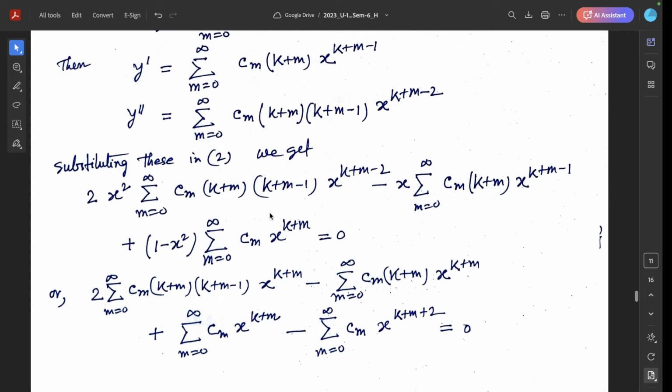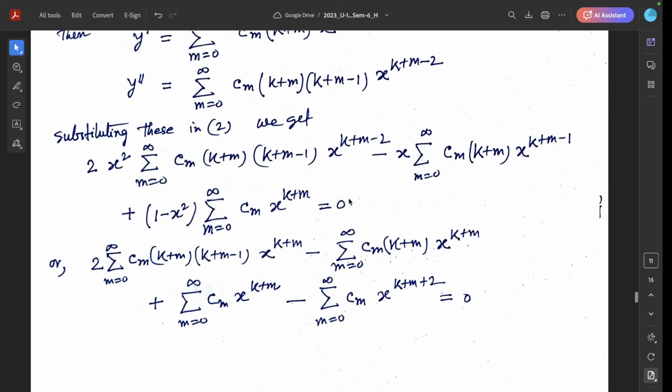So substituting with this equal to 0 and simplifying, x square times x to the power k plus m minus 2 gives x to the power k plus m, and x times x to the power k plus m minus 1 gives x to the power k plus m, and the 1 into this, minus x square into x to the power k plus m, gives x to the power k plus m plus 2.